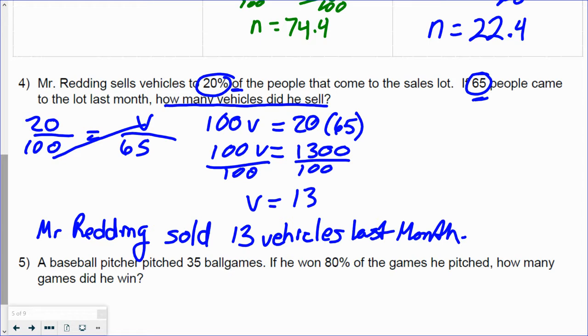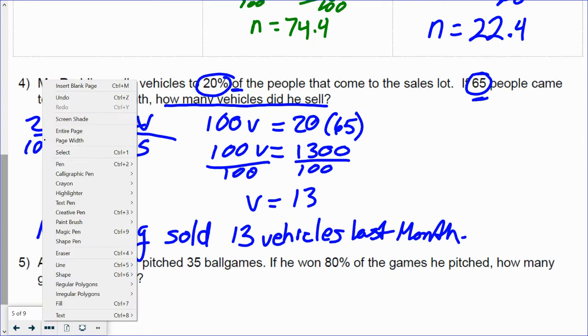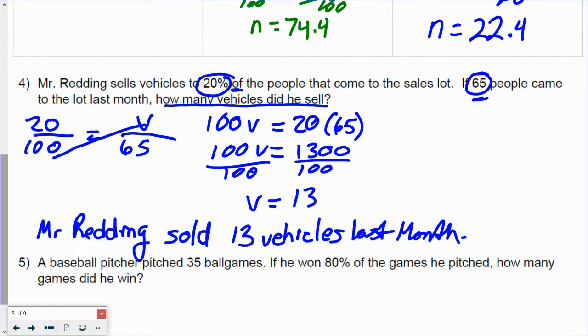And period. Now, there is a little bit of a different way that you could do this. We do have where you can make an equation. Remember yesterday when we talked about turning a percent into a decimal? That means I have to take this and turn it into 0.2.